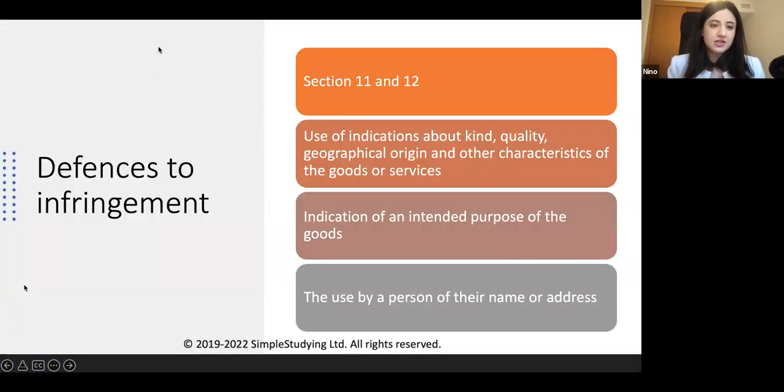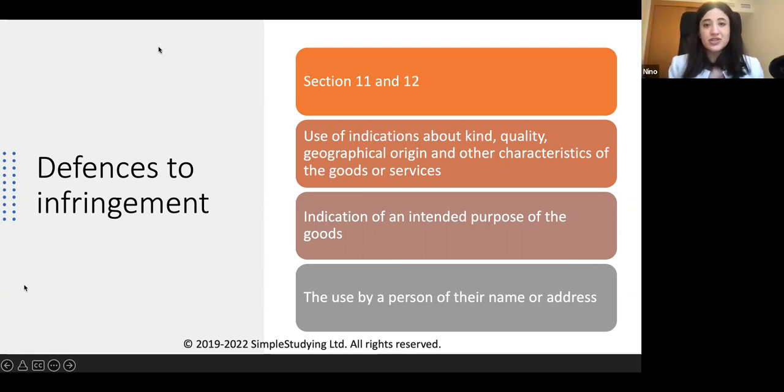There are defenses to infringement. In the problem question, once you show that the infringement has occurred, then you need to discuss whether or not there are any defenses. And after the defenses, you need to discuss remedies. What are the remedies for trademark infringement?